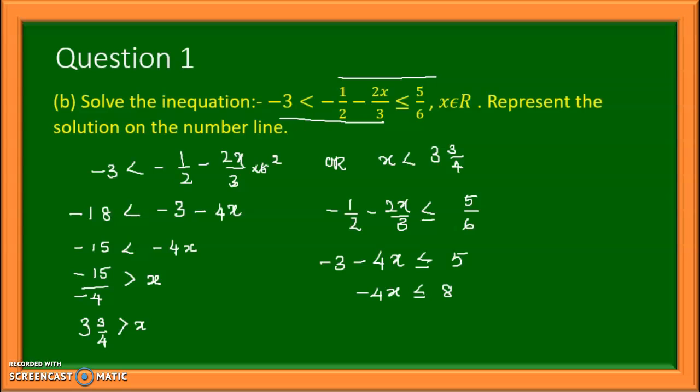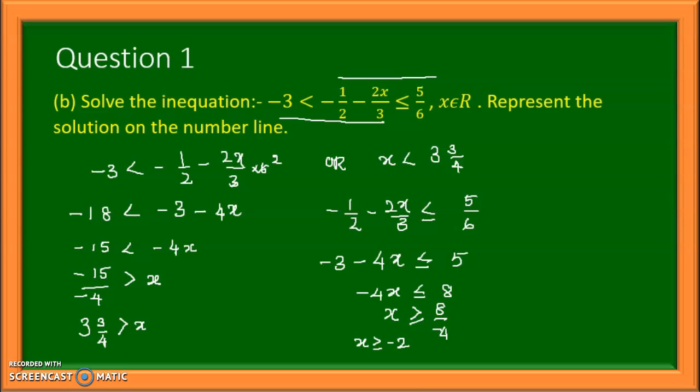Again, division by a negative number, the sign will reverse. So x is more than or equal to 8 divided by minus 4, which means x is more than or equal to minus 2.